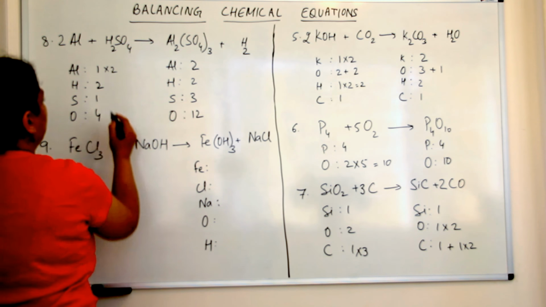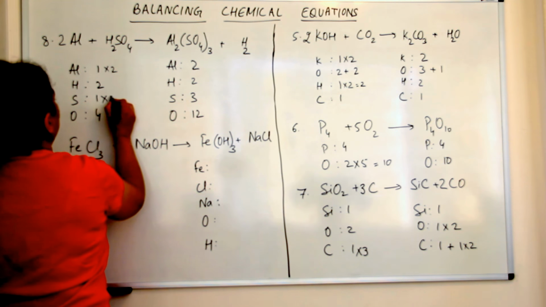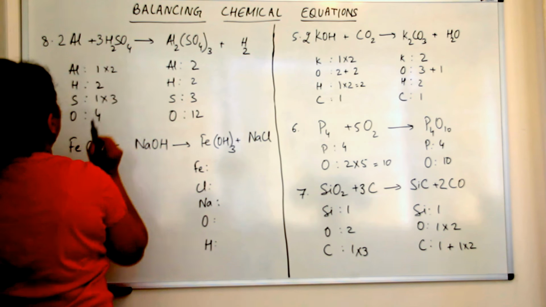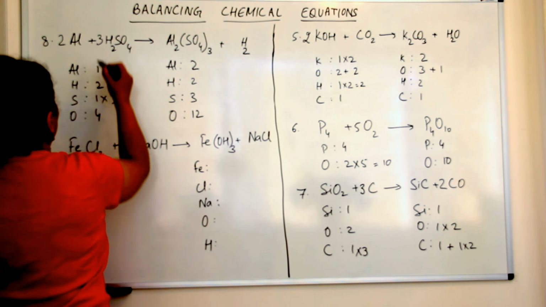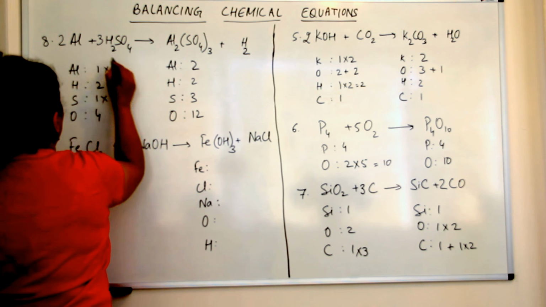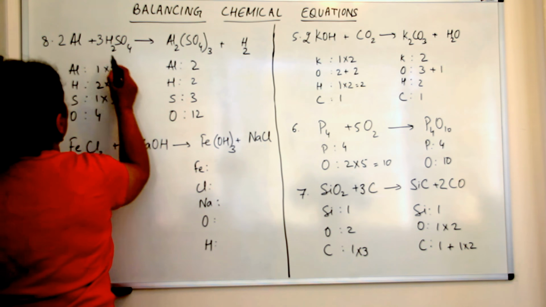Come to sulfur next. There are 3 sulfurs on this side and there's only 1. So if I multiply this by 3, it changes others also. How does it change? Sulfur, I got 3, but hydrogen, I'll get 6. 2 into 3 would be 6 hydrogens now.